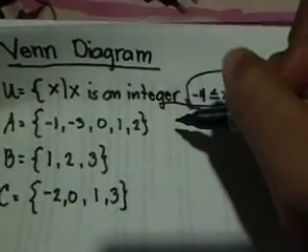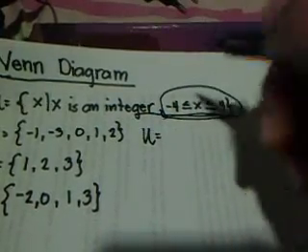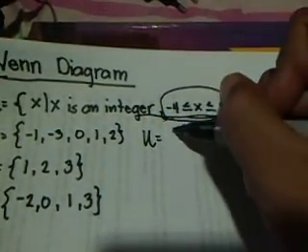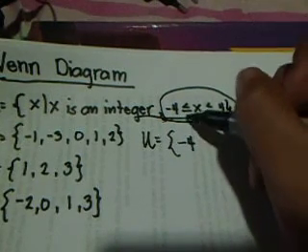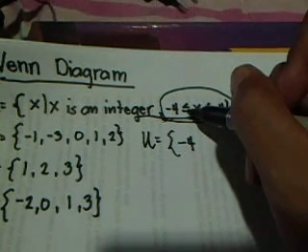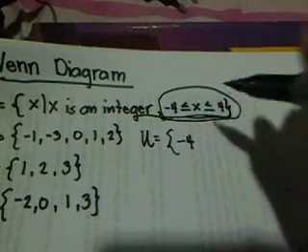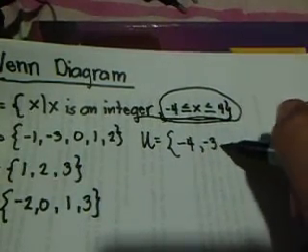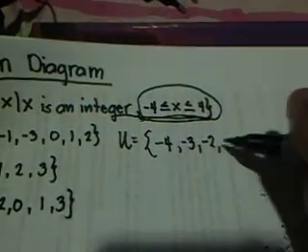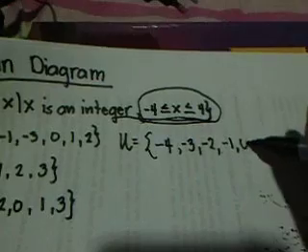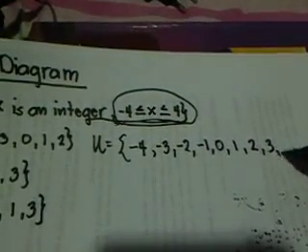So we can say that the universal set U has elements -4, -3, -2, -1, 0, 1, 2, 3, and 4.